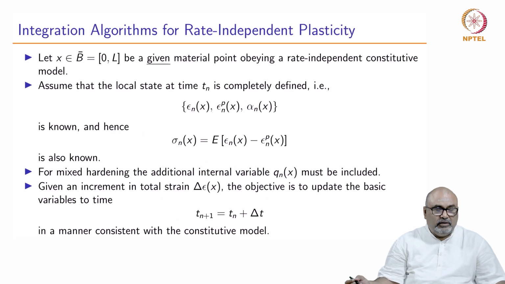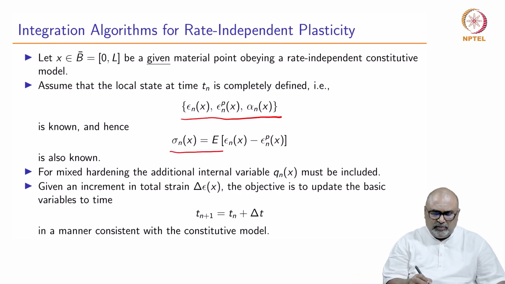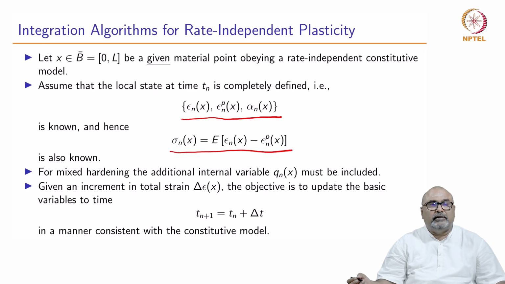So, let x belonging to b bar be a given material point obeying a rate independent constitutive model of the elastic plastic case. Let us assume that at a local state of time step Tn, all quantities, namely epsilon n, epsilon n p, and alpha n, are already known. So, we can write sigma n of x is E times epsilon n of x minus epsilon n p of x.